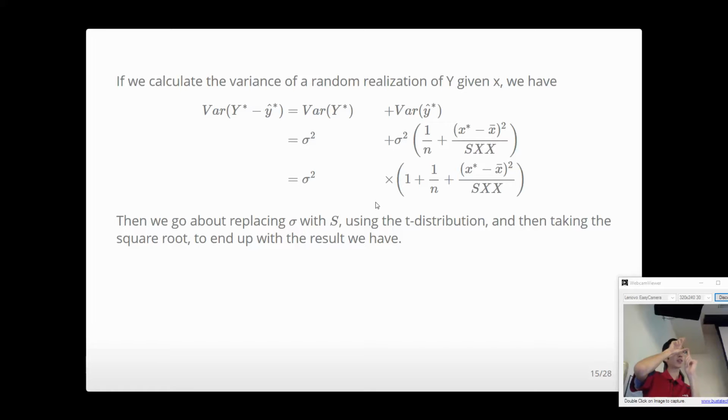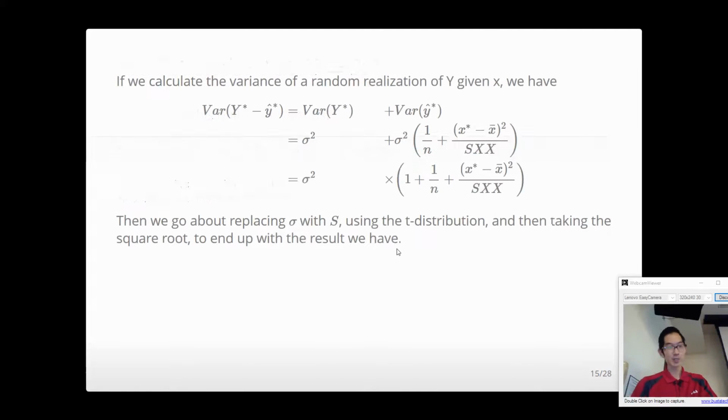So the covariance would be 0, because we're treating it as a fixed x. I don't understand, but maybe I can talk to you more after. Okay, sure.